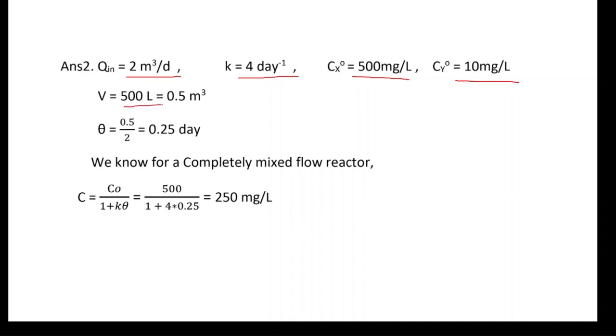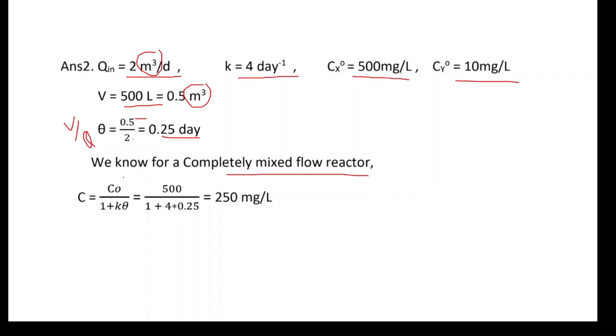V is 500 liter and we know that it is given in meter cube. So we will homogenize the unit. So it is done in meter cube. Theta is equal to 0.5 divided by 2. I told you, right? V by Q. So V divided by Q, we got theta. Since it is a completely mixed flow reactor, C is equal to C naught by 1 plus K theta.